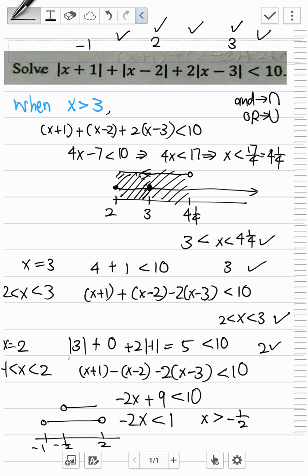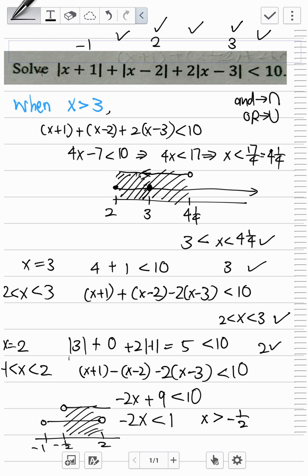X greater than minus half means that it has to go here. So only in this region does this inequality hold and yield this inequality. So we must bound it out of this. We have to take the intersection, not the union, of this part.